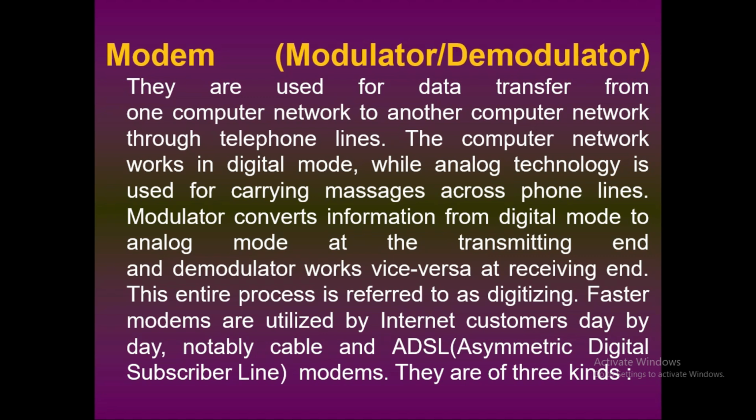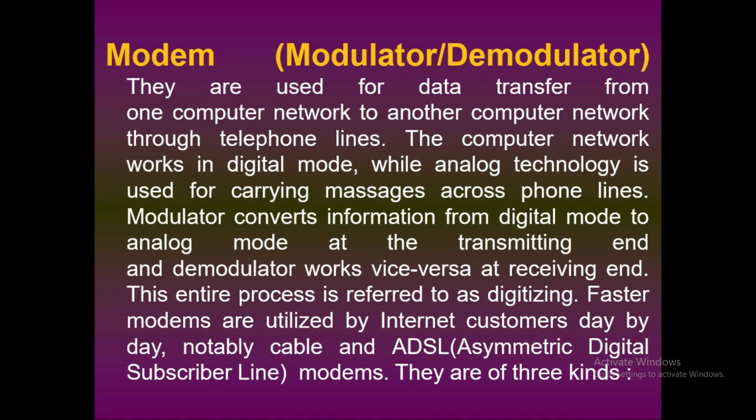What is the role of the modem? To receive data from the transmitting computer, convert the data received in digital form into analog form, and then transfer it through phone lines. At the other end, the data is again received by the modem as a demodulator, which converts the analog data into digital data and supplies it to the computer.